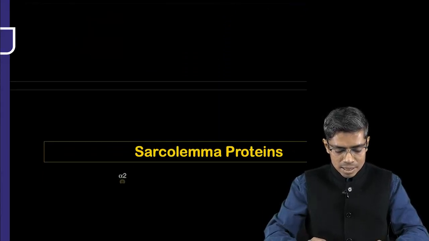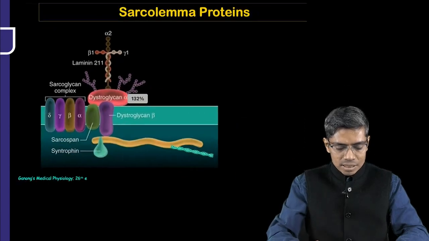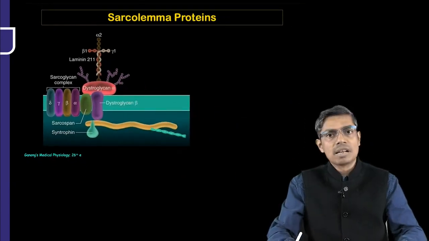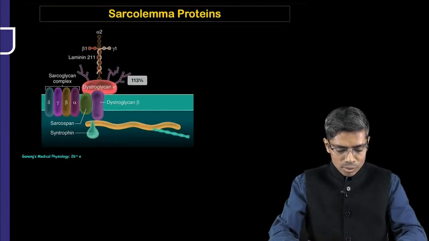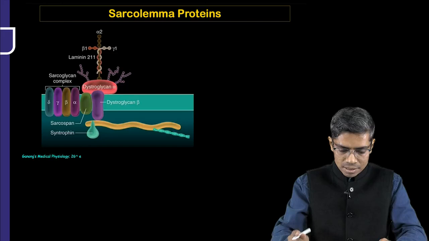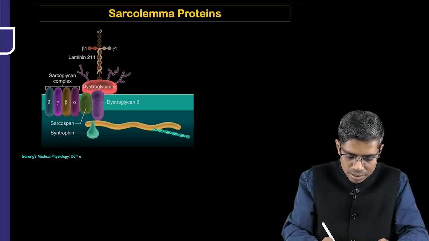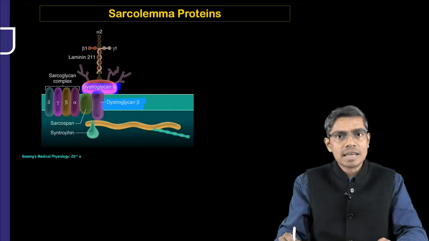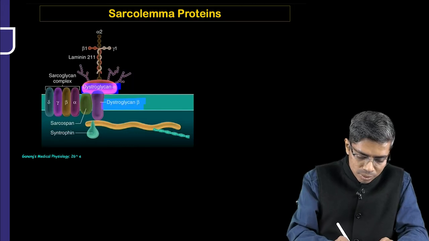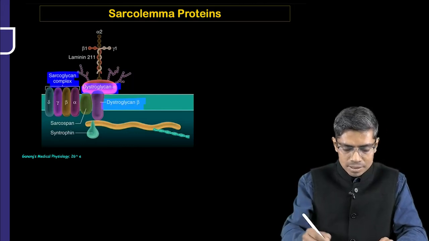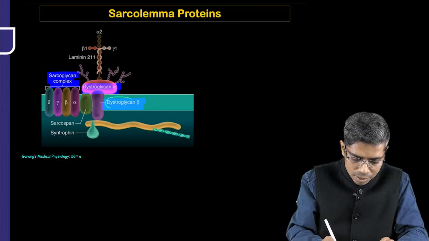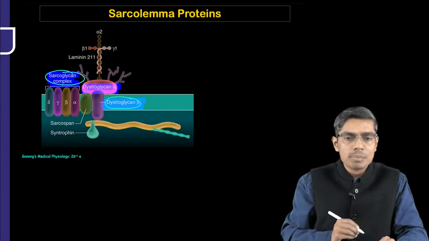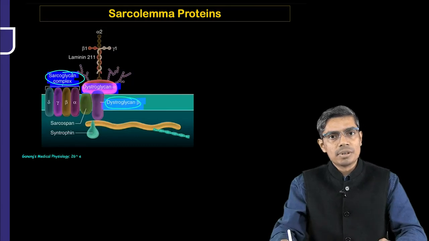So look at these membrane proteins first in a diagram which is taken from Genome. This is the sarcolemmal protein that we have just discussed. You can find here the dystroglycan protein, beta dystroglycan and alpha dystroglycan, right? And you can also find the sarcoglycan complex. So this dystroglycan complex and the sarcoglycan complex are the integral membrane proteins.